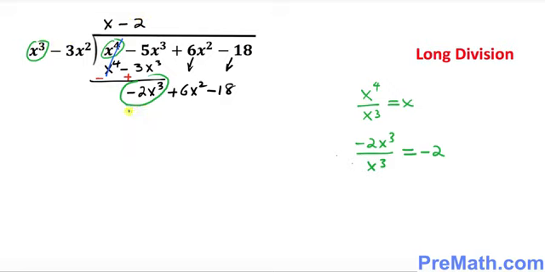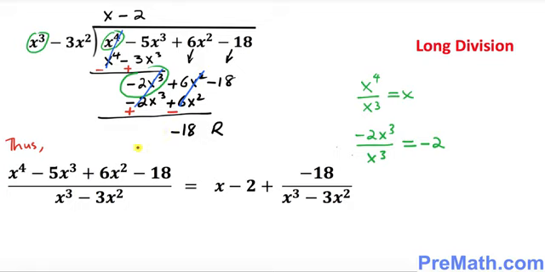So that's going to give you negative 2x power 3 plus 6x squared. Once again, I want you to change the signs. So this negative becomes positive, positive becomes negative. The next thing is you cancel this out. This is gone. So we ended up with just negative 18 as our remainder.